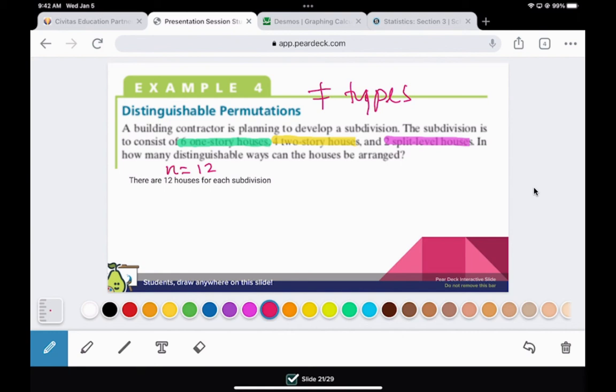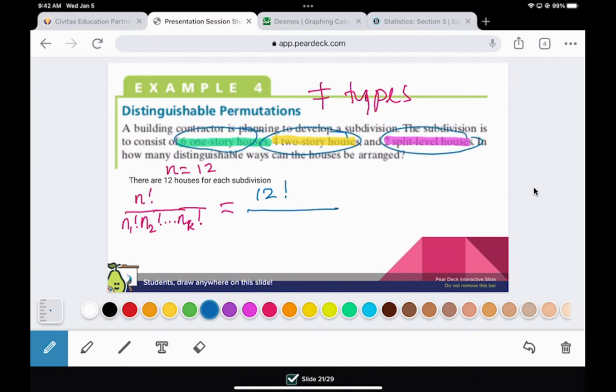So this is a type of problem where you do n factorial over n1 factorial times n2 factorial, like you have a bunch of values on the bottom. In here, n is 12. If you look at the types, I have these 3 types. One of them, you have 6 of those.